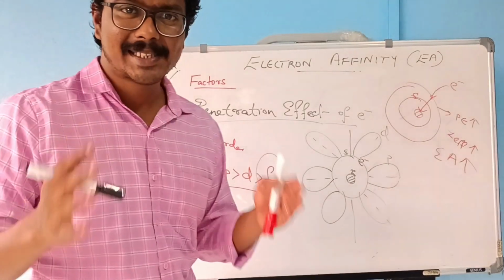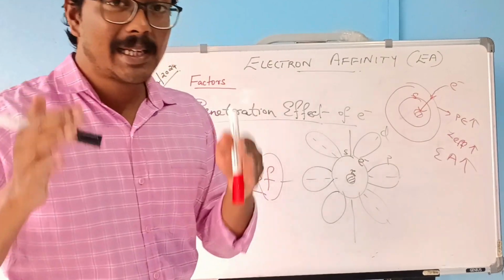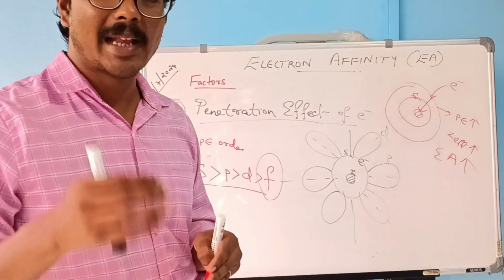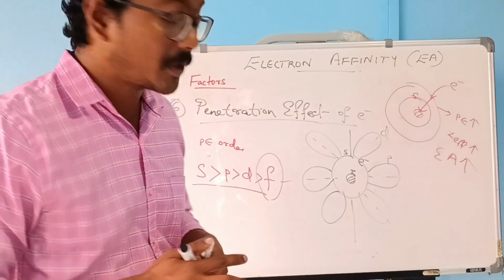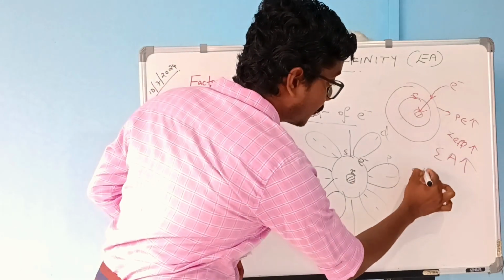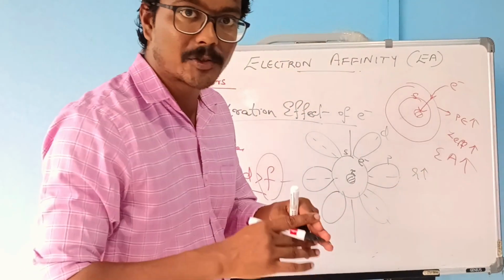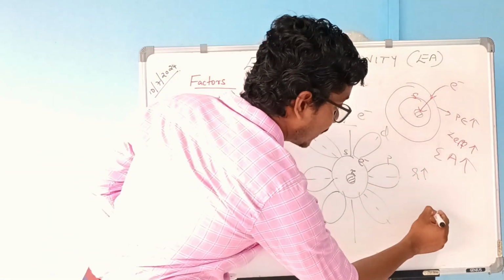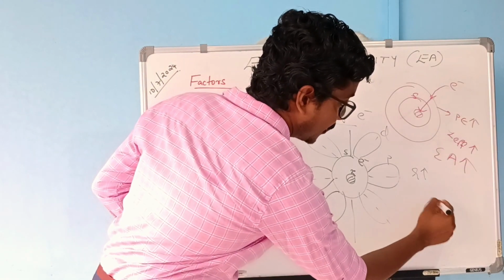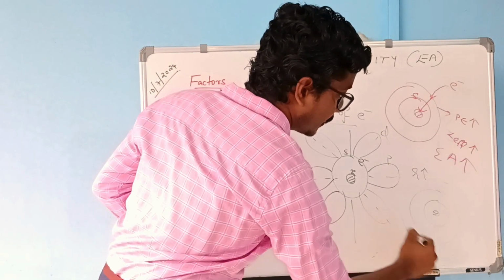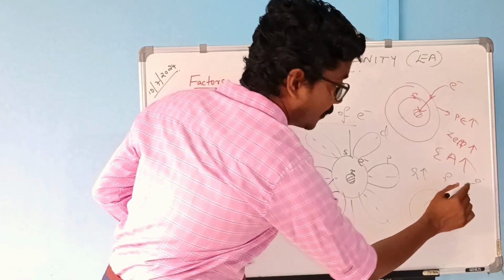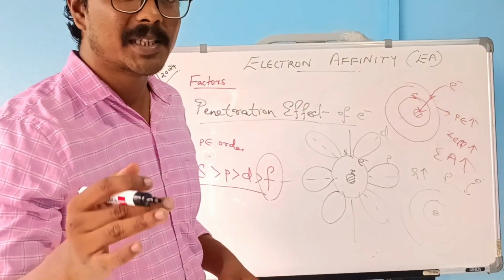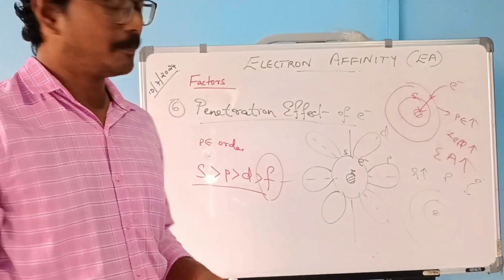Right? Similarly, if the incoming electron is added onto an energy level which has the lowest penetration, what is going to happen? If the size of the atom is more, if the atomic radius is more, see, if this is the nucleus, and the electron is added onto an H subshell, the H subshell has very low penetration effect, right?